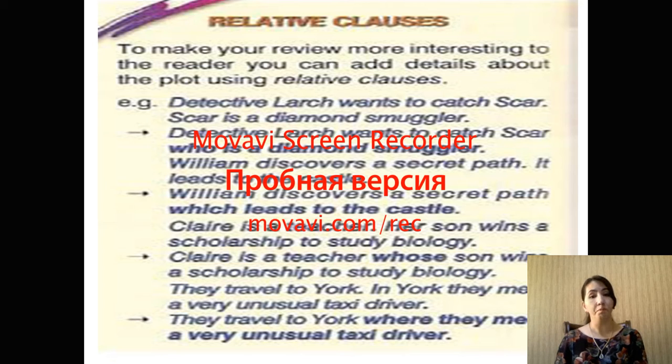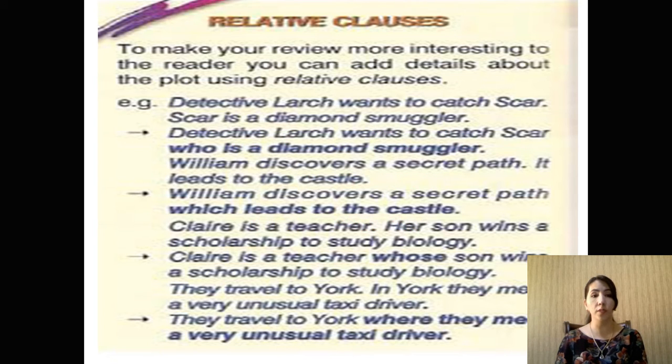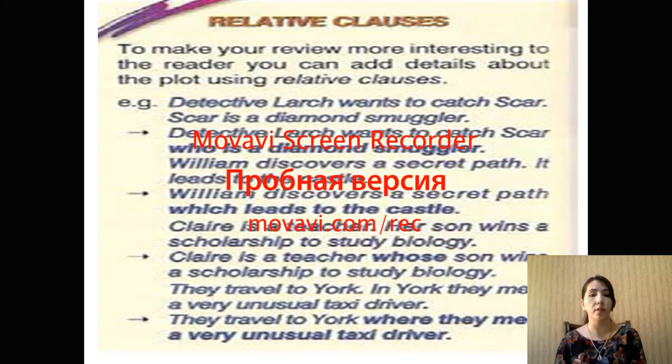There are some relative clauses to make your review more interesting. To the reader, you can add details about the plot using relative clauses. For example, Detective Lark wants to catch Scar. Scar is a diamond smuggler.